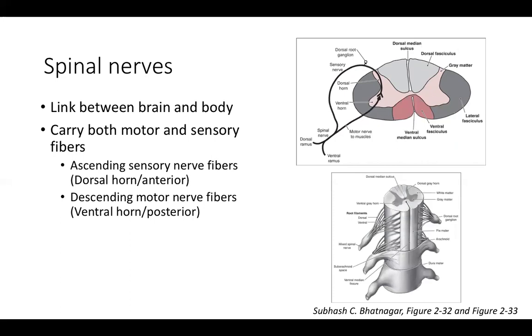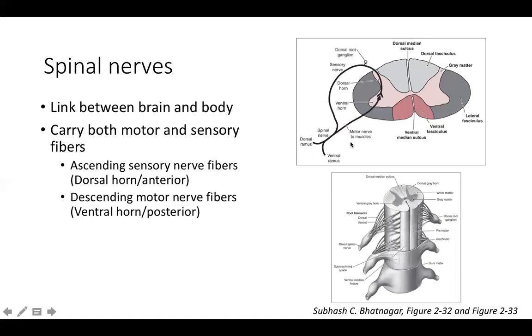And it carries both the motor and sensory information. It has ascending sensory nerve fibers, and so this is information that's coming in. And it has descending motor nerve fibers, and so these are the commands that are then being put out.